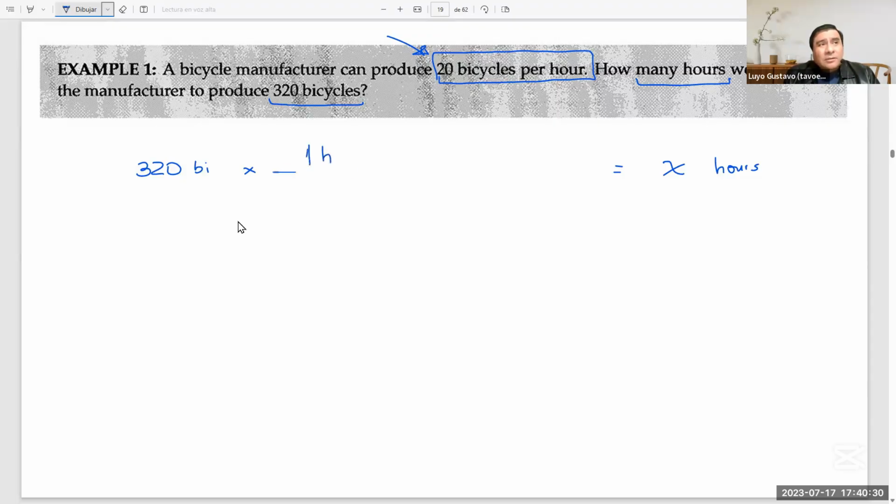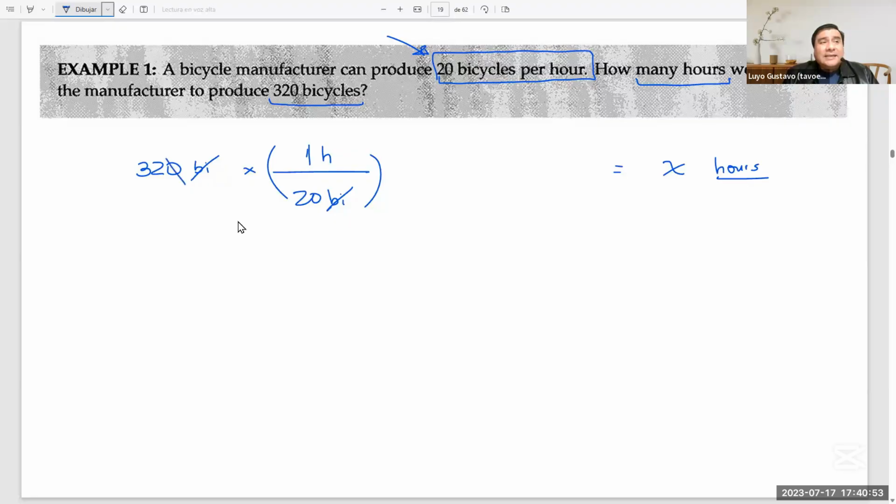In 1 hour, just 20 bicycles. How do I place the conversion rate like this? Well, because I want bicycles to cancel. So I am left with hours only, right?